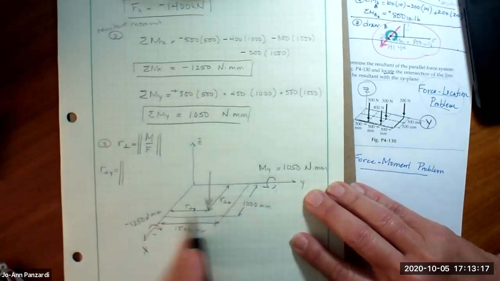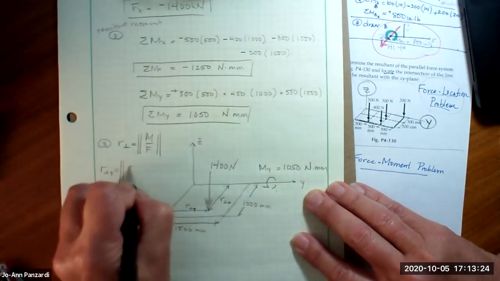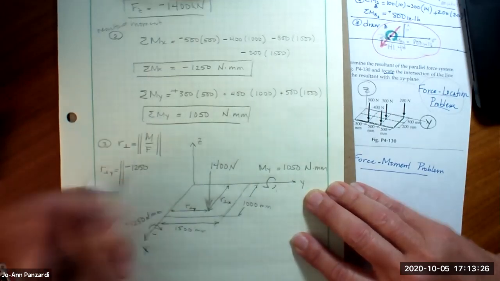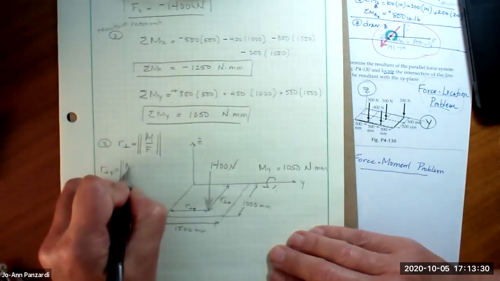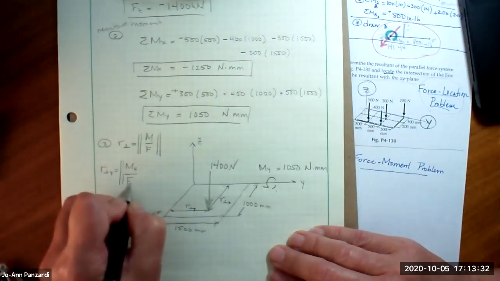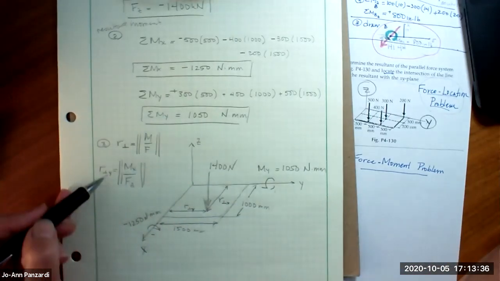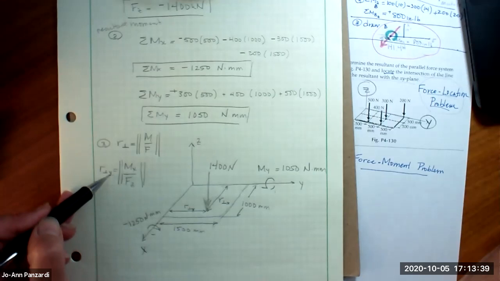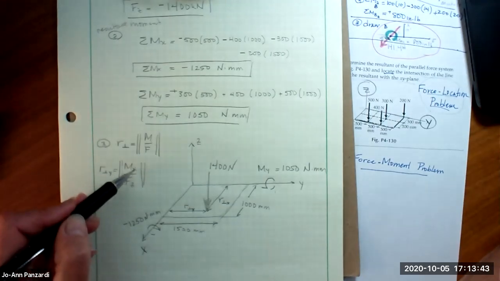Well, the perpendicular in the y is the one that this force, which is 1,400 newtons, is 1250. Actually, I'm going to write out the variable first. The moment about x and the force is in the z. Take a look at this. You know this already. If the perpendicular distance is in the y and the force is in the z, it creates a moment about the x.